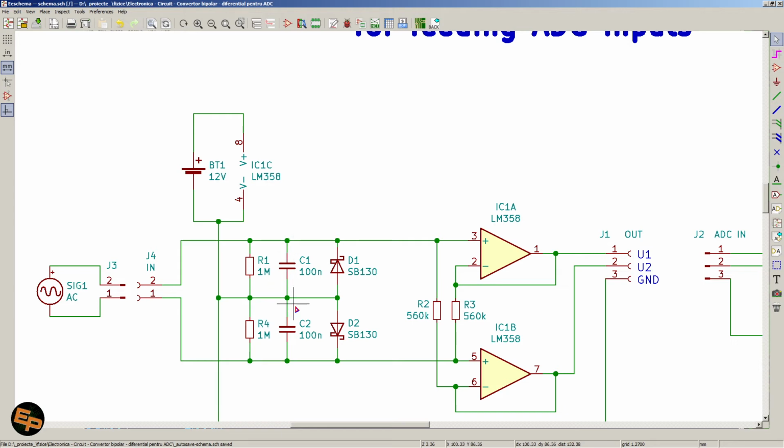I put them here in order to also provide better stabilization of the whole circuit, especially since this whole circuit has a high impedance, it is very susceptible to picking up 50 Hertz, or if you're in America, 60 Hertz noise from the power cables in your walls, and basically amplifying it and sending it on the output.